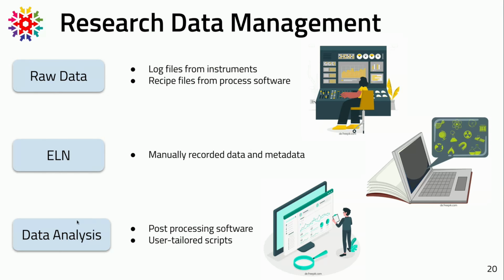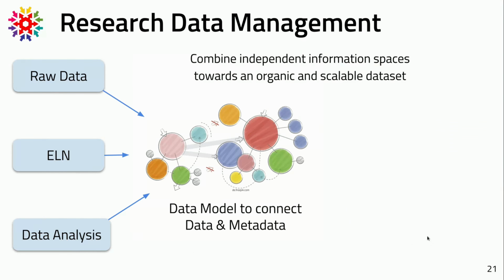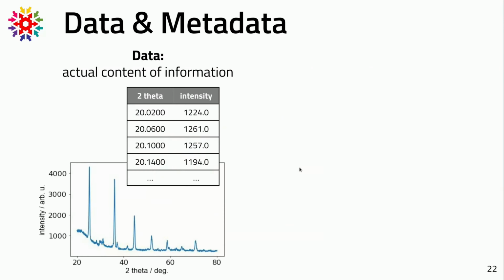And we also have data analysis data that is coming from the post-processing software, or maybe from user-tailored scripts that are used to post-process the data. What we essentially do is combine all these pieces of information into a unified data model that consists in describing each part of the information and also clarifying the relationship between each of these parts.